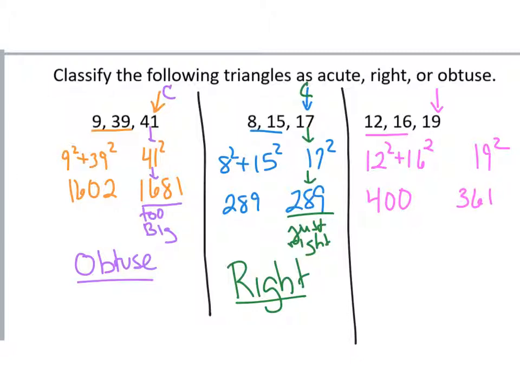So when I look at the one that I thought was supposed to be a hypotenuse, I can see it's supposed to be 400, but it's too small, which means this triangle would be acute. Okay.